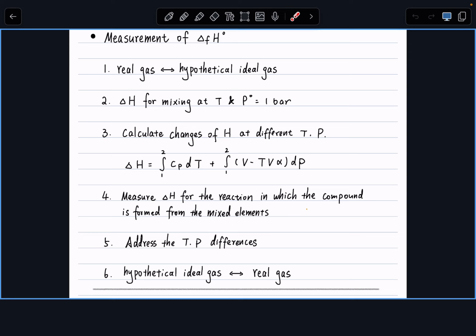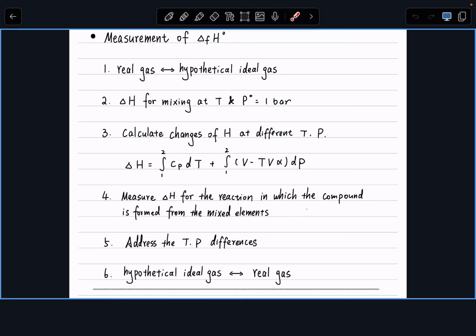So we want to use the equation we derived before to account for temperature and pressure differences. With me so far? So in this case, we're calculating changes of enthalpy at different temperature and pressure, and for this one, we use the equation we derived before.